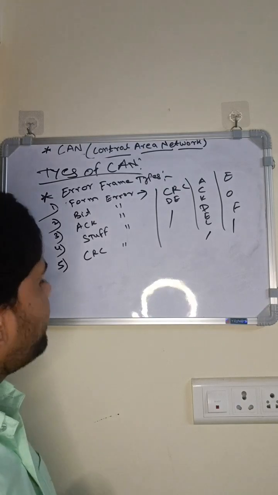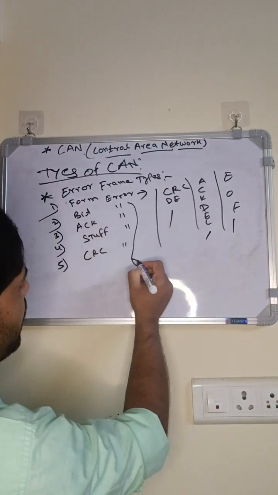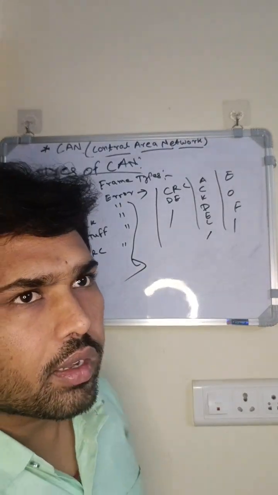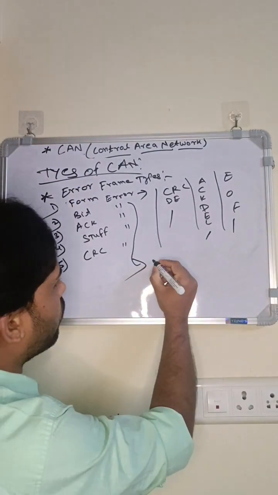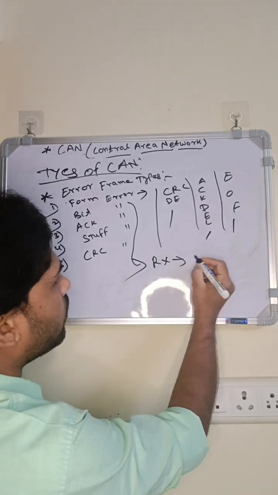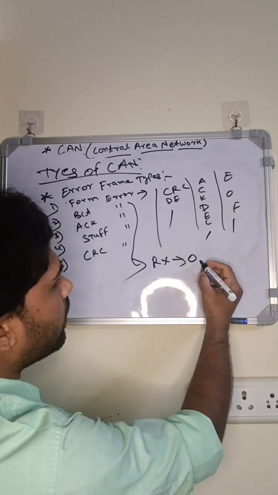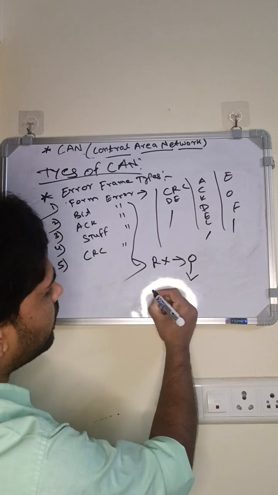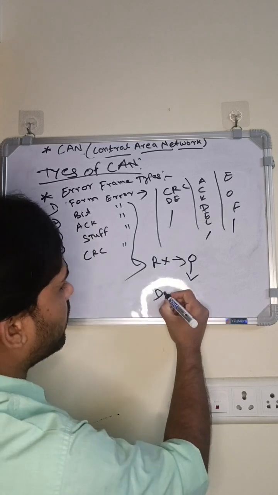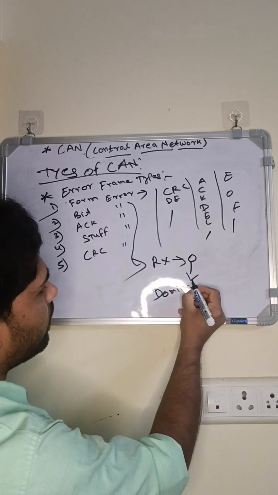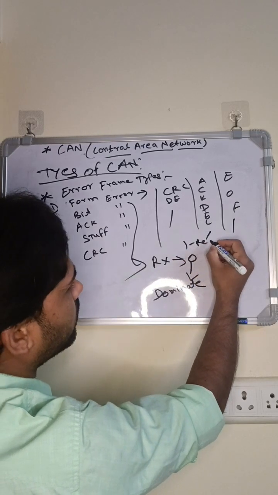Next is the bit error. Bit error means when we are transmitting from transmitter to receiver or receiver to transmitter, from the receiver we are sending 0. As I stated, 0 denotes dominant, and 1 means recessive.